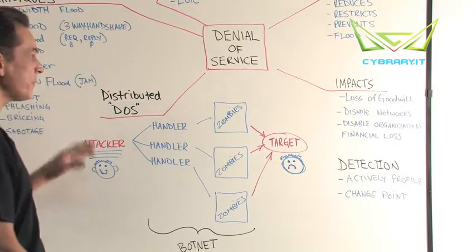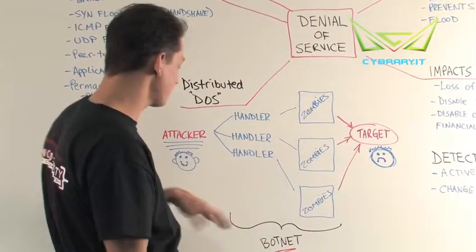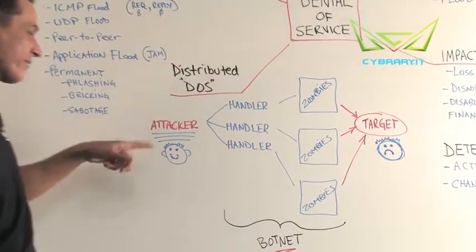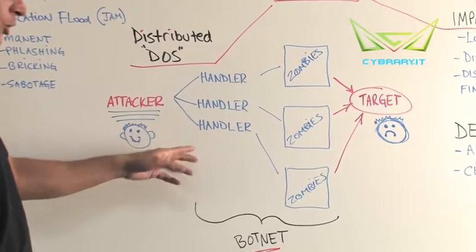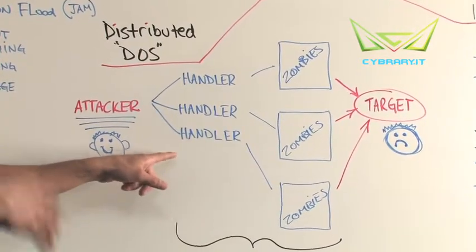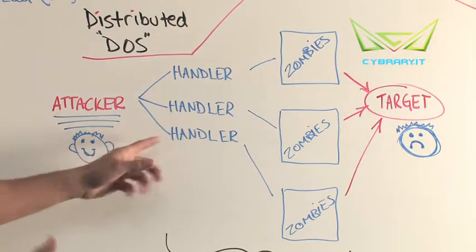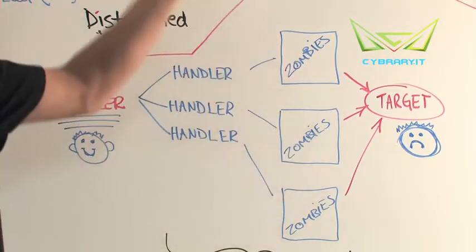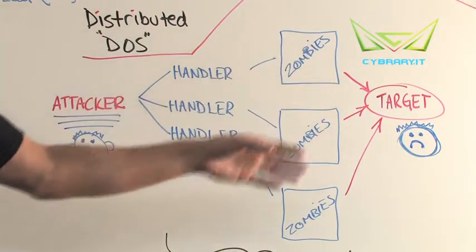So distributed denial of service really has basically an architecture map to itself. Over here you have the happy attacker, and they create handlers, or middlemen, or middle computers, as we say, ultimately to find zombies, or computers or people that don't know what they're doing, to go attack a target.